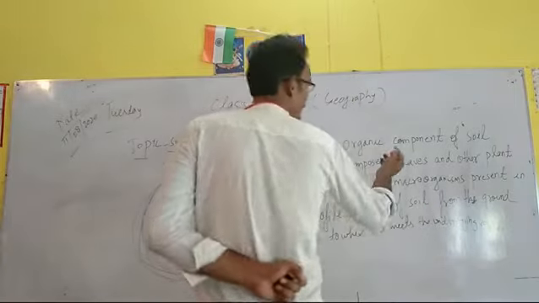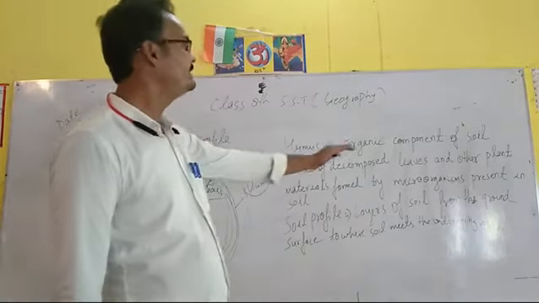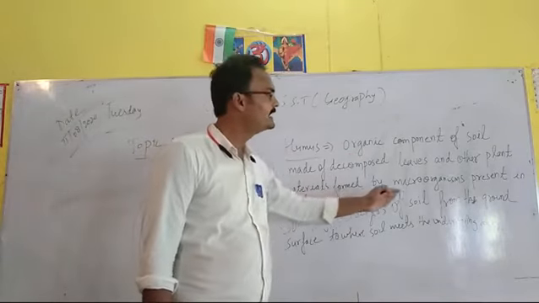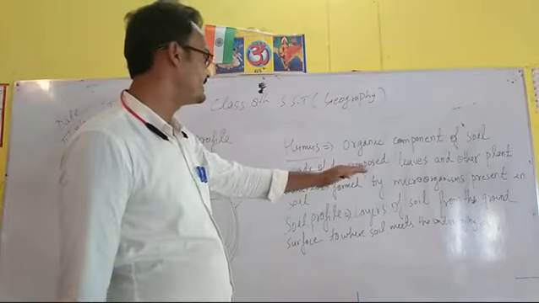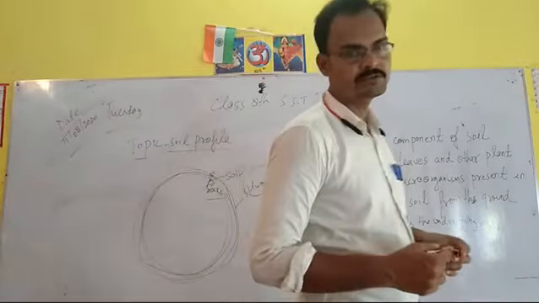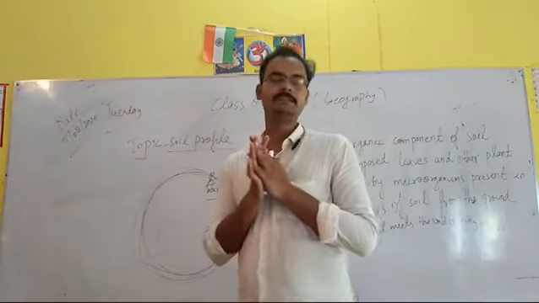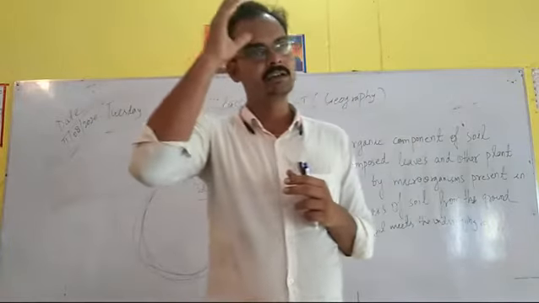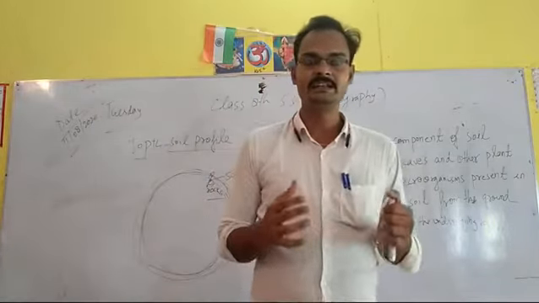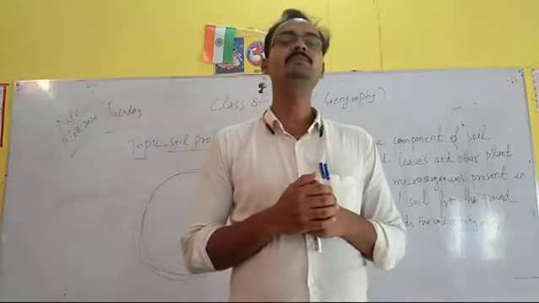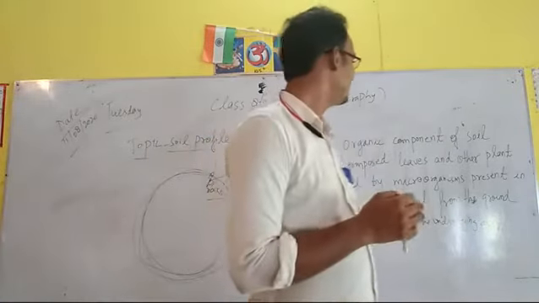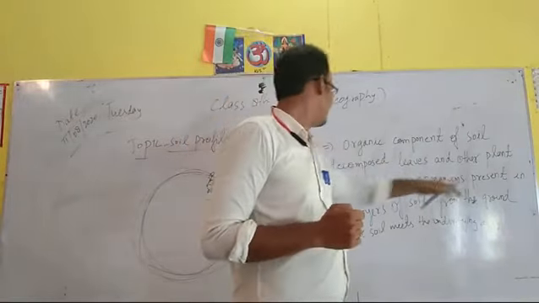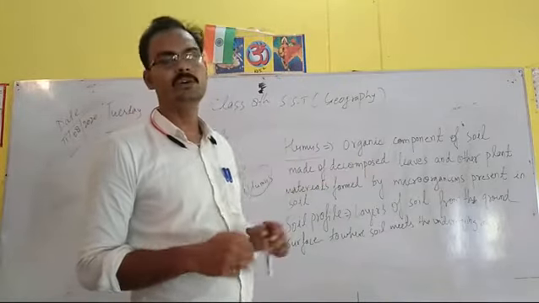What is humus? It is the organic component of soil made of decomposed leaves and other plant materials, formed by microorganisms present in the soil. That is the decomposition of plants, animals and leaves.